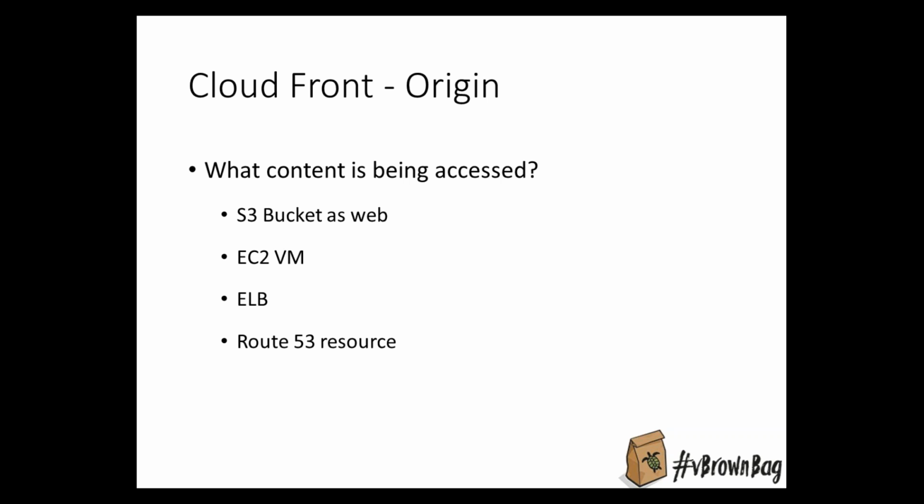That's the DNS service that AWS runs. We could have a Route 53 configuration as the origin. And that then allows us to use CloudFront to act as a content distribution network for any kind of content, because Route 53 can point to servers that are outside of AWS. So we could use Route 53 to point to web servers across our data center, and then use CloudFront to point to that Route 53 and cache our own content all across the world.